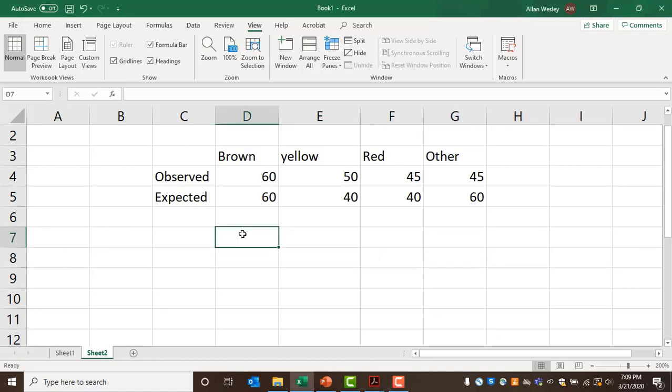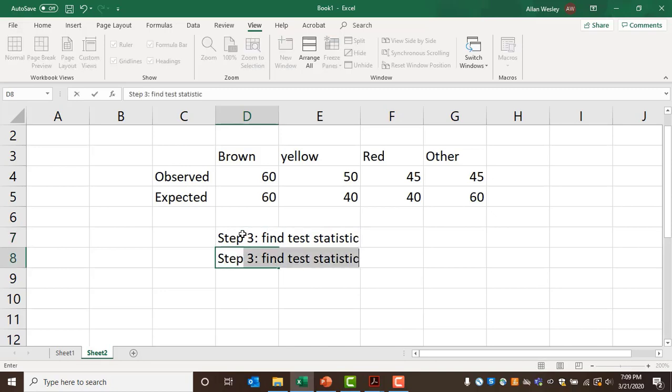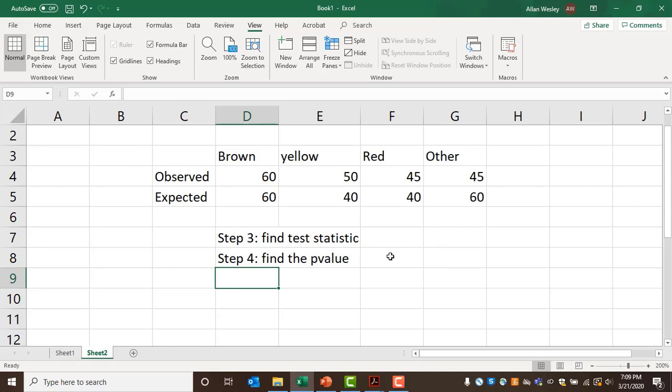So if we recall, step 3 is just finding the test statistic, and step 4 is where we find the p-value. Now we're going to do it a little differently, because Excel makes it easier to find the p-value and skip the test statistic step.